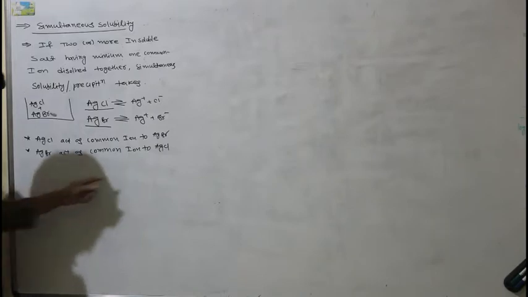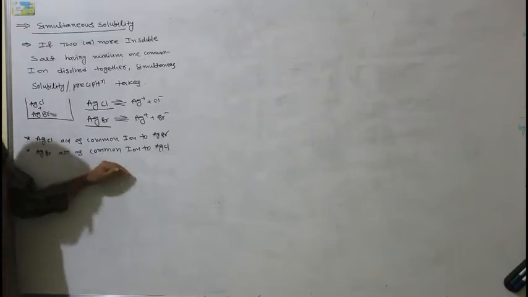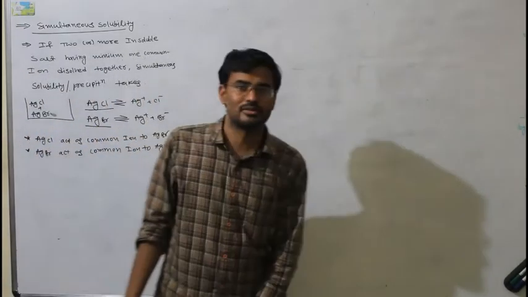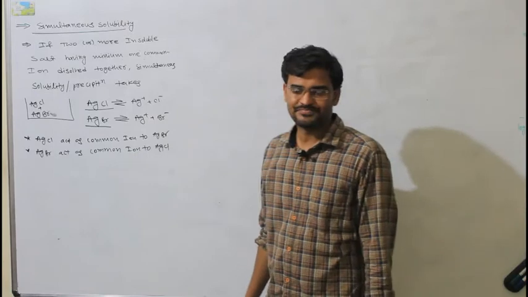Each other they will behave as a common ion because both are insoluble substances only. In such a case, how do we calculate the new solubility of the substances?